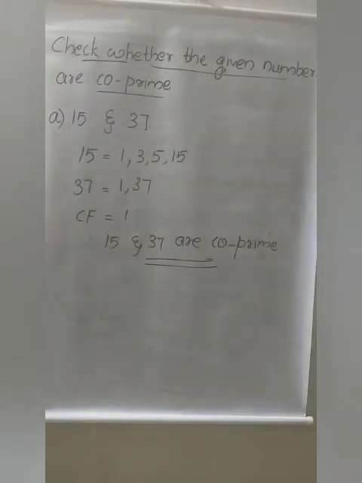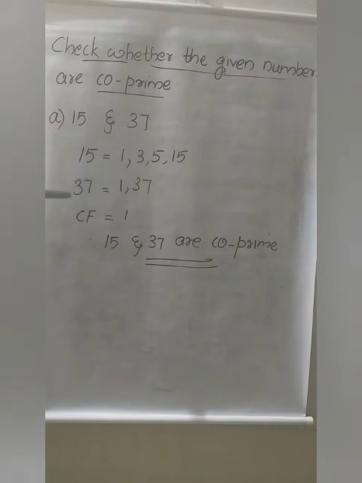We can check some examples of whether the given numbers are coprime. First one, 15 and 37. In order to find whether two numbers are coprime, first we need to factorize the given numbers. What are the factors of 15? 1, 3, 5 and 15. Now what about the number 37? It is a prime number.